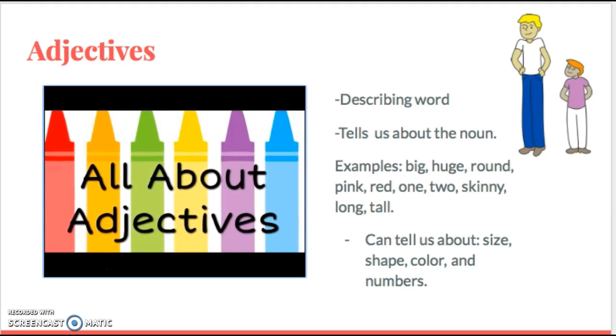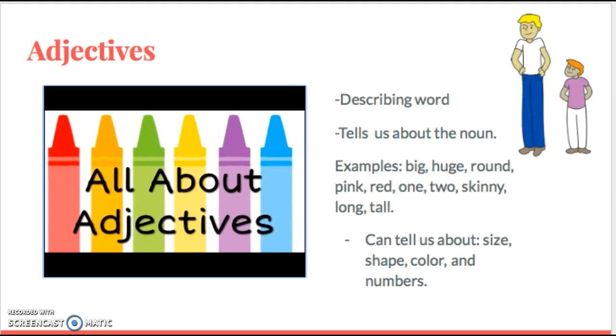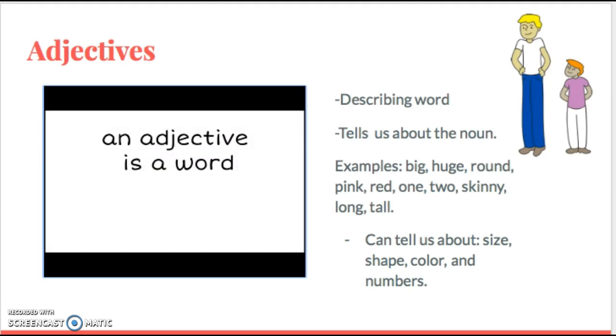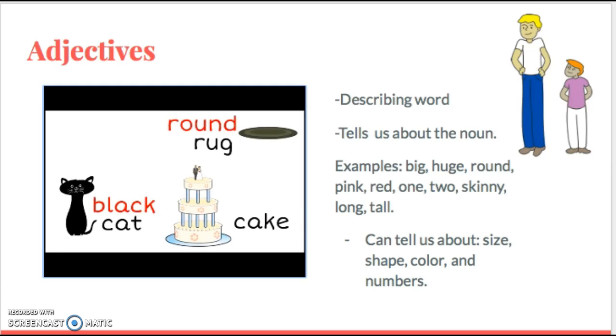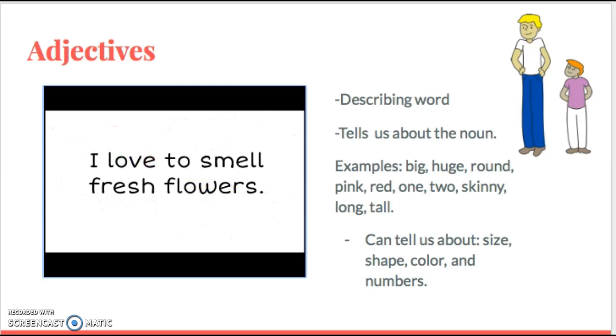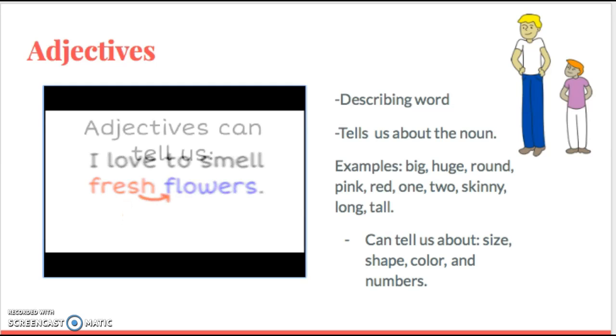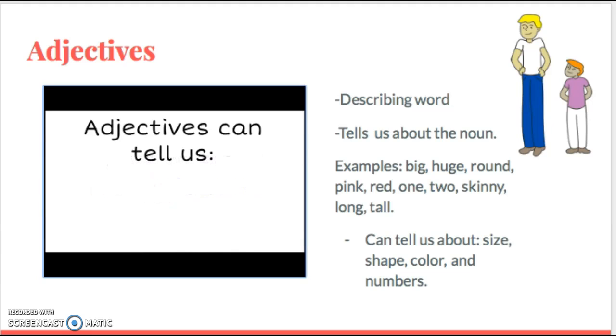Hi everyone! Today we're going to talk about adjectives. An adjective is a special kind of word called a part of speech. An adjective is a word that describes or gives more information about a noun. We say an adjective modifies a noun. When you're trying to decide if a word in a sentence is an adjective or not, look for the noun that goes with it. Adjectives generally answer one of 3 questions about the nouns they modify.